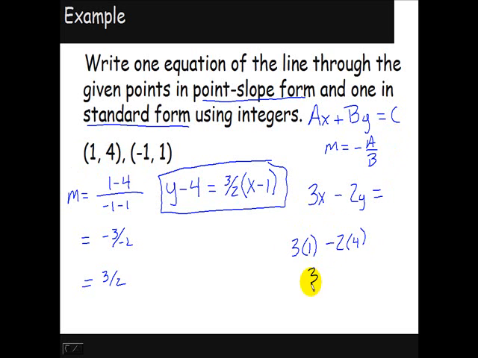This is going to be 3 minus 8, which is the same as negative 5. So the c value has to be negative 5, because when I plug in 1 and 4, that's what I get. A quick check on this standard form, I should get the same negative 5 if I plug in negative 1 and 1. Negative 3 minus 2 is also negative 5, so that checks. So here's my point-slope form, here's my standard form.